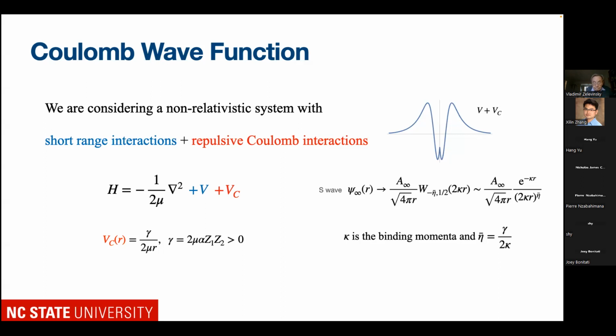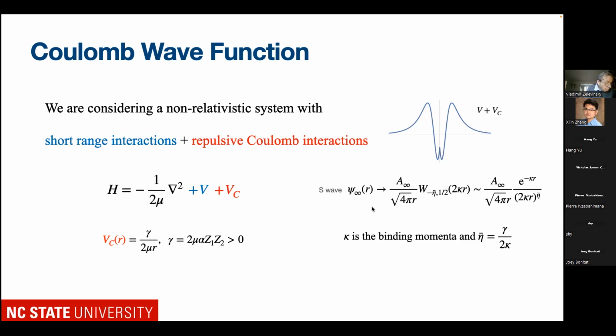To give you a better view, the system in infinite volume we are considering has two parts, the short-range part and the long-range part. The Coulomb force is described by the 1/r relation with a gamma parameter that describes the strength of the Coulomb interaction.